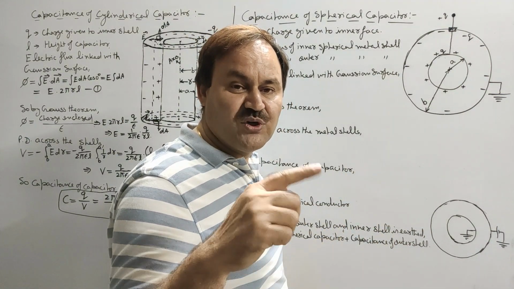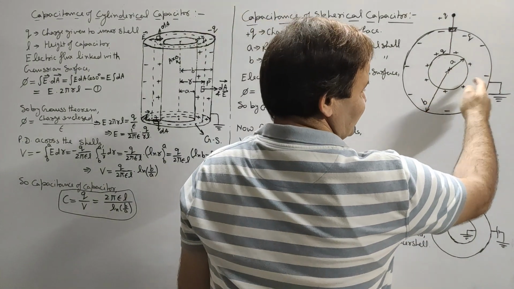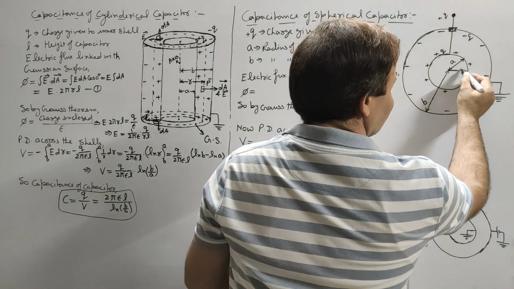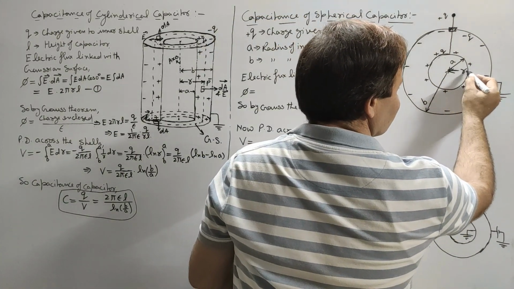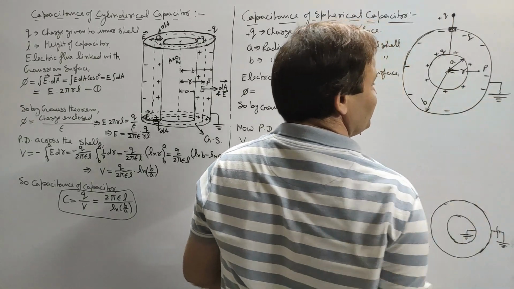Again, to determine potential difference, we will determine electric field between the shells, and say we want to find out electric field at a distance r from the center of capacitor at point P.